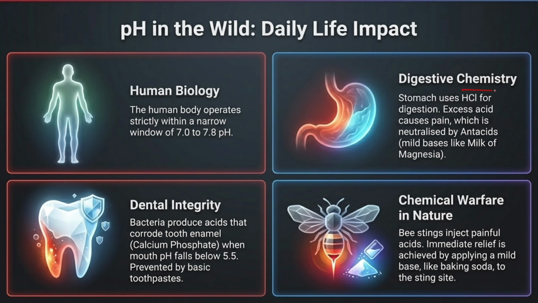Then in digestive chemistry, again, it has a lot of applications. We all know the stomach has HCl, which is used for digestion. Excess HCl causes pain, which is called acidity, and this acidity is neutralized by various antacids, like milk of magnesia, and then we have a lot of brands.